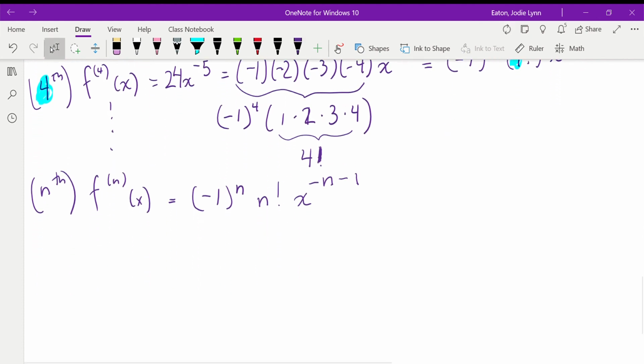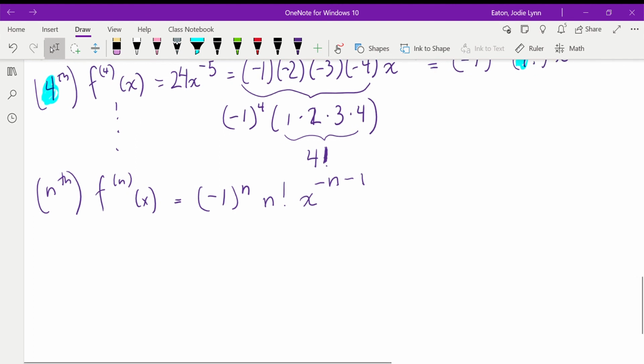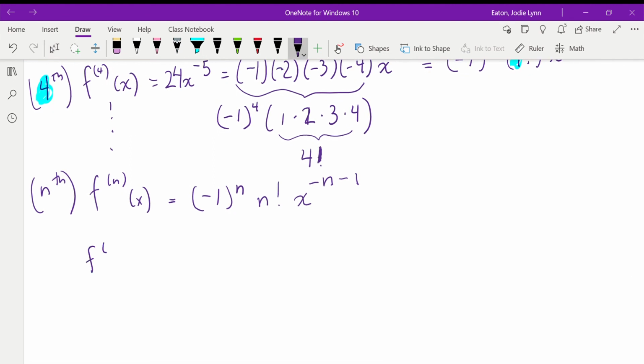Now we can use this formula to calculate the 2031st derivative without having to take the derivative 2031 times. So negative 1 to the power of n, this is an odd number. If n is odd, it's going to be negative 1.